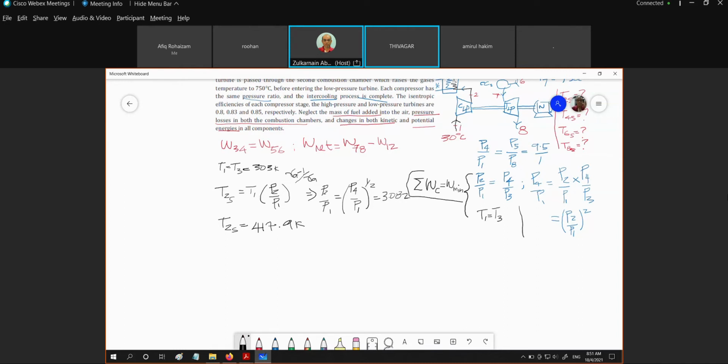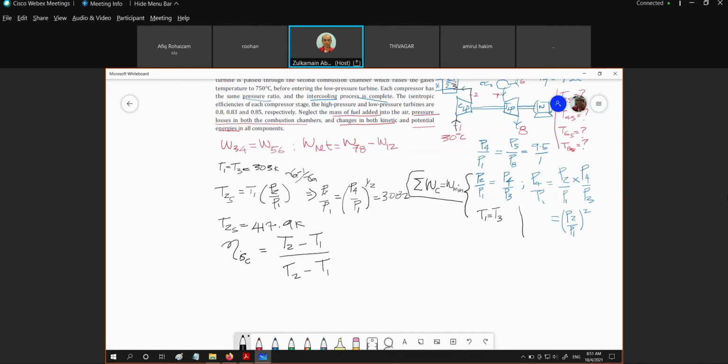And then after that, we are going to use the equation of isentropic efficiency for the compressor. For the first stage, it is T2S minus T1 divided by T2 minus T1. Which one minus which one?